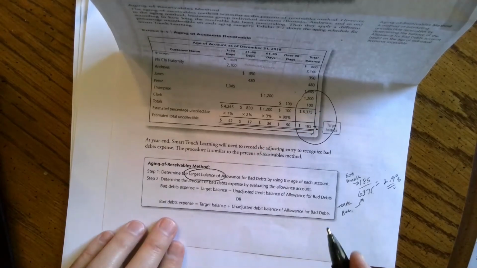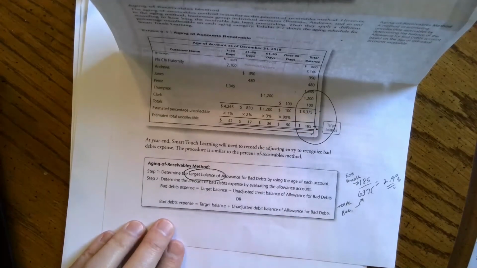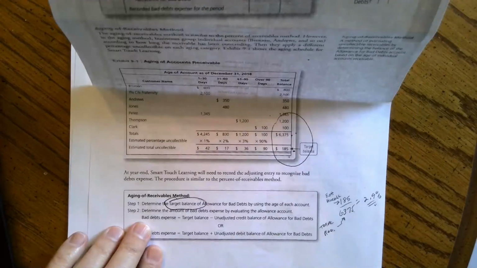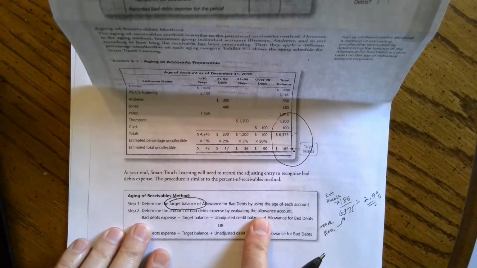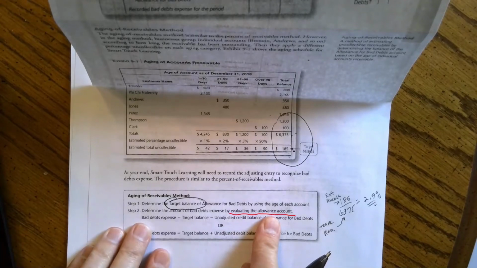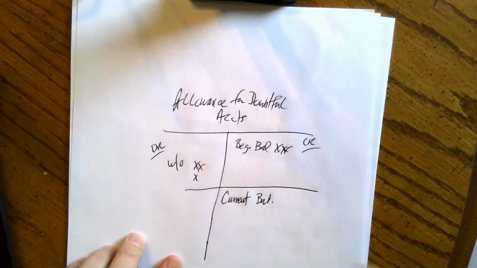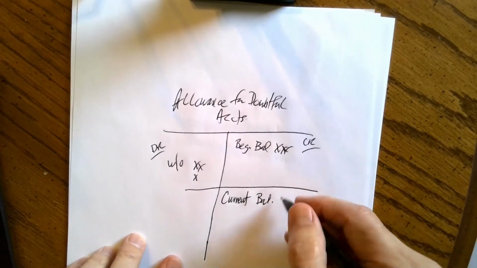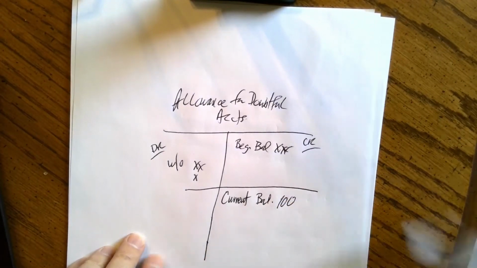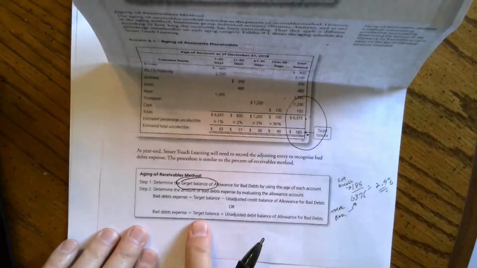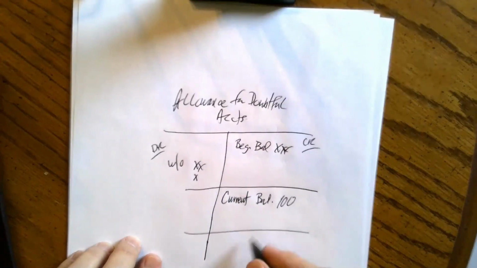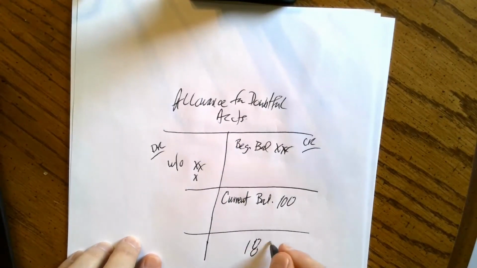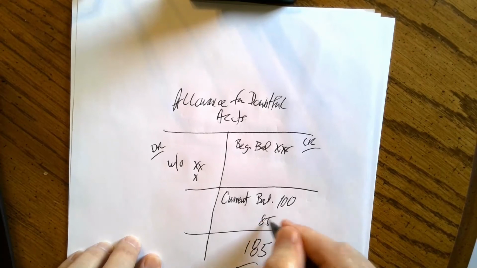Then you're analyzing what your current balance is, an evaluation of the current balance in the allowance account. Whatever that current balance is, let's say it's $100. And the last step is to actually make the journal entry. I want 185 as my target balance, and so therefore the journal entry is $85.